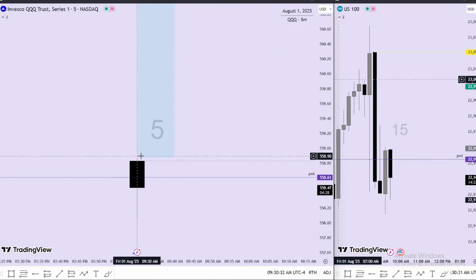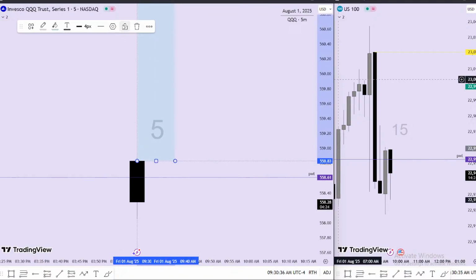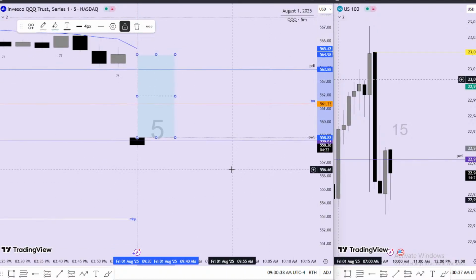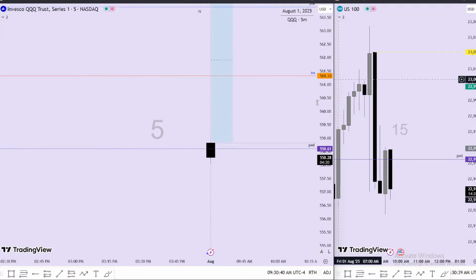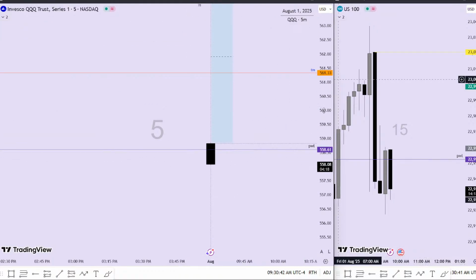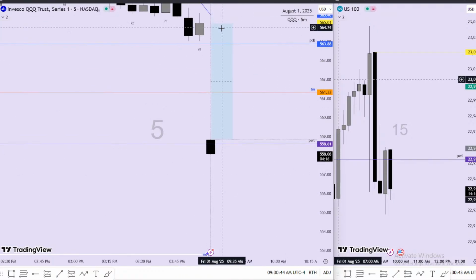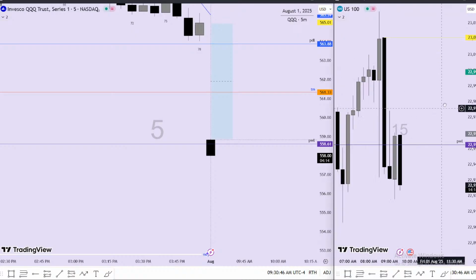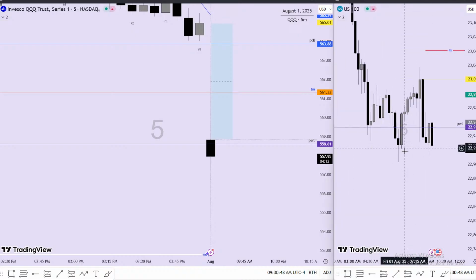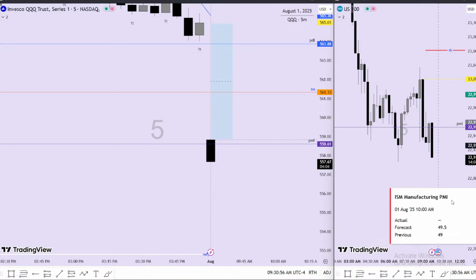We've opened above the previous week's low. Let's see how the price reacts to this level and how the first 15 minutes are forming. At 10 o'clock, we have PMI numbers.